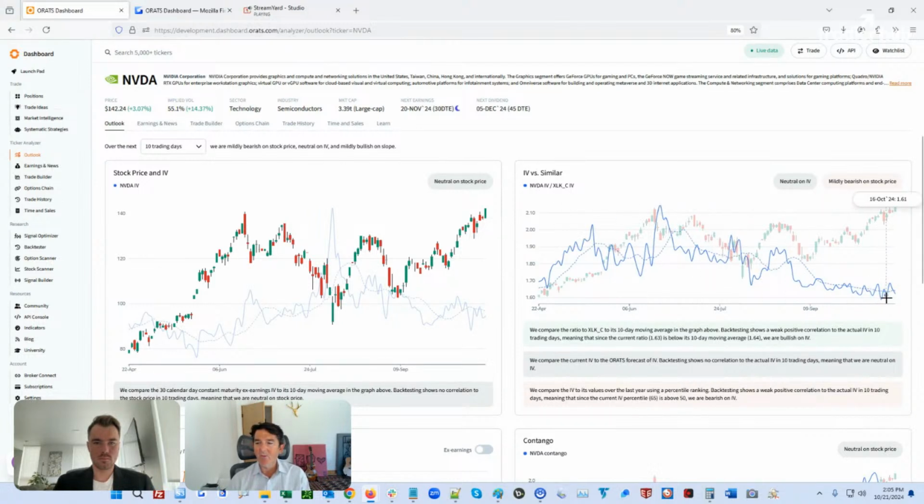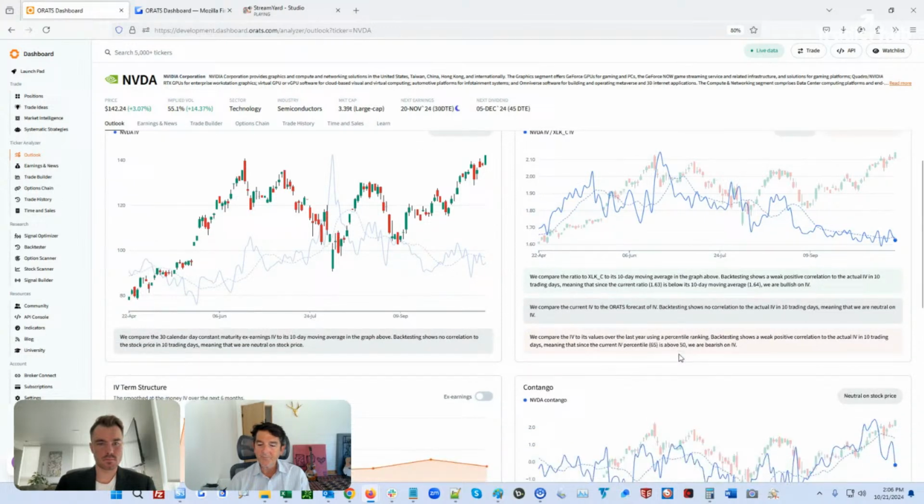So right now what we're seeing is Nvidia divided by that is low. So Nvidia vol is low, and we've seen this vol come down. And again, this is inversely correlated most of the time as well. This is a little bit more subtle, but basically if you're talking about implied volatility, it seems fairly low in Nvidia.